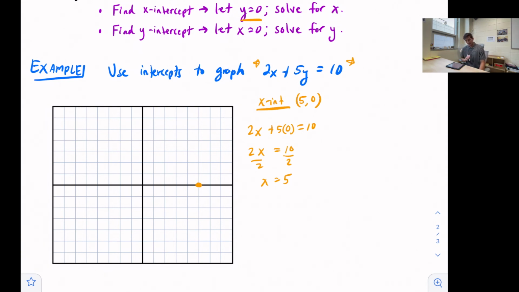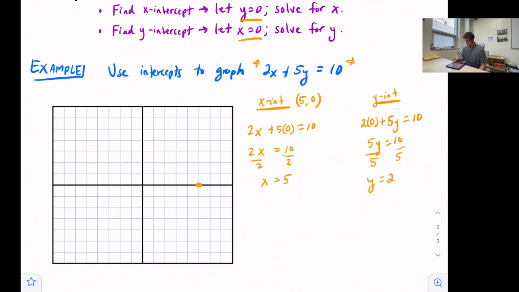So we're going to leave that as is, and now we're going to find our y-intercept. So the y-intercept, we want to let x be 0. Or in other words, we still want the y variable to be in our equation. So we're going to say 2 times 0 plus 5y is equal to 10. Well, 2 times 0 is 0, so now we just have 5y equals 10. And now we can solve for y by dividing both sides by 5.